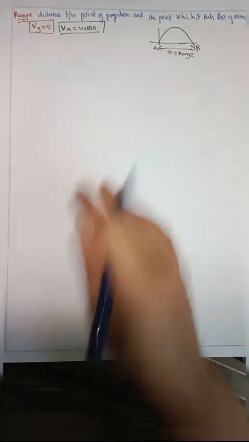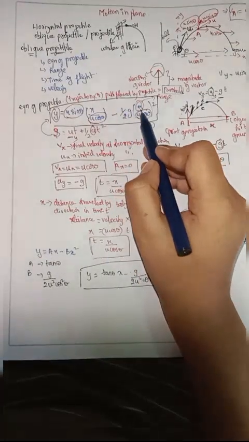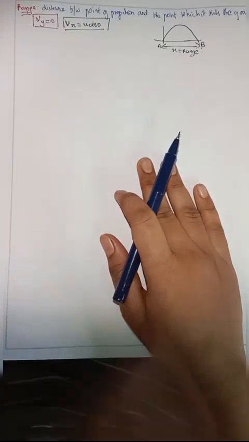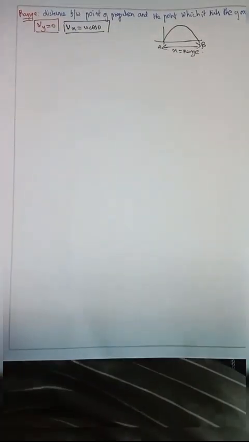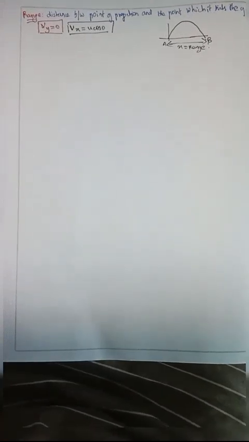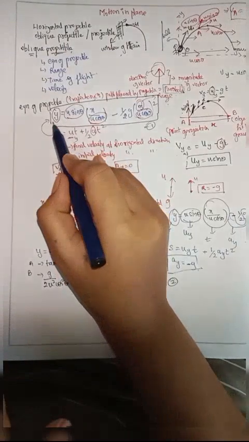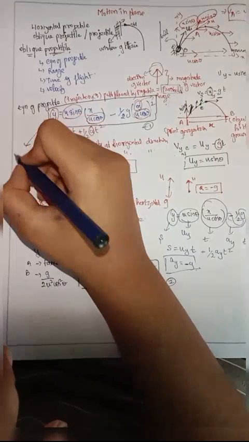In the equation of projectile, we are considering x, which is nothing but the range. In the range concept, there is no vertical velocity because there is no vertical displacement. Here in the equation of projectile, y is nothing but the vertical displacement.